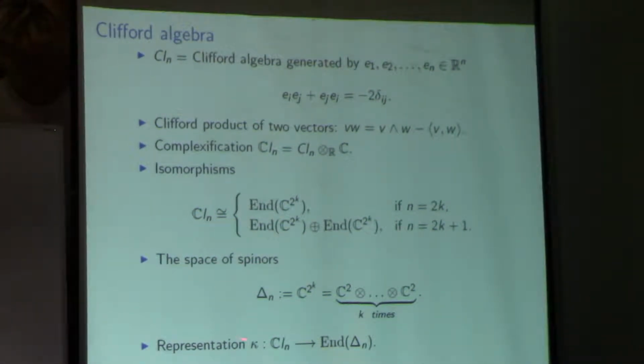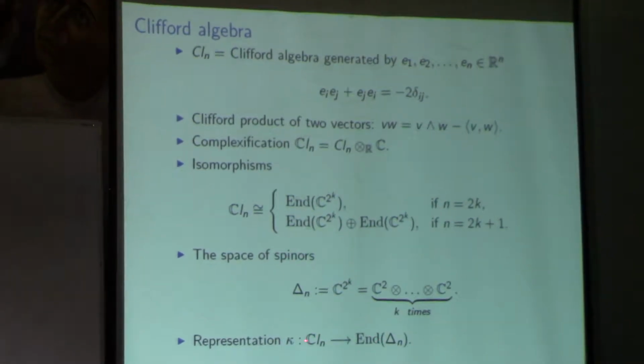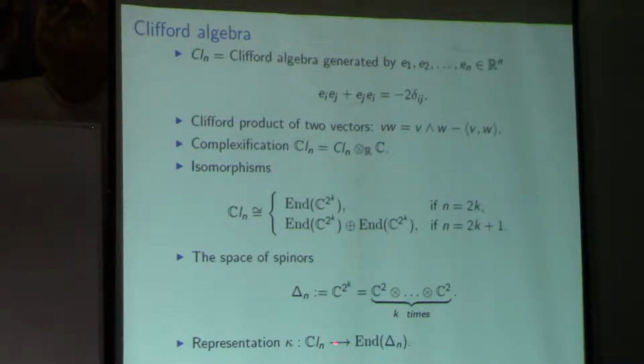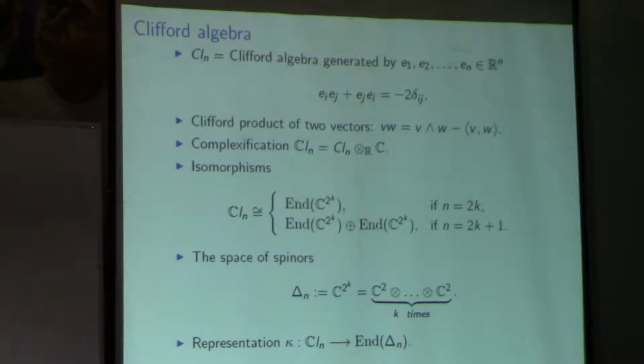So basically, because of this isomorphism, we have a representation which we call kappa of the complexified Clifford algebra into the endomorphisms of this complex space. Okay, so that's the spinors. So it's not a magical thing. Spinors is a complex vector space.